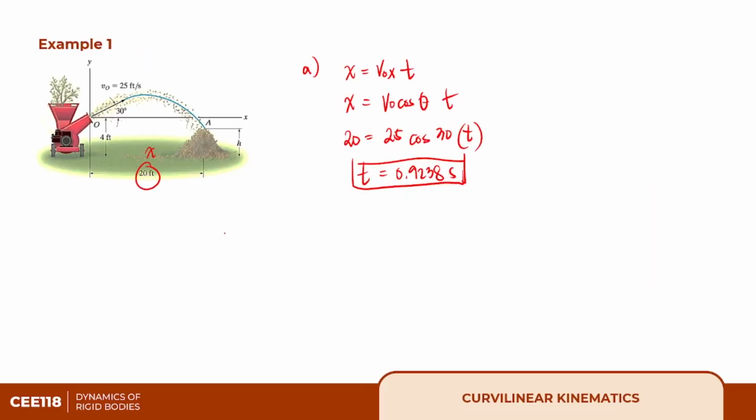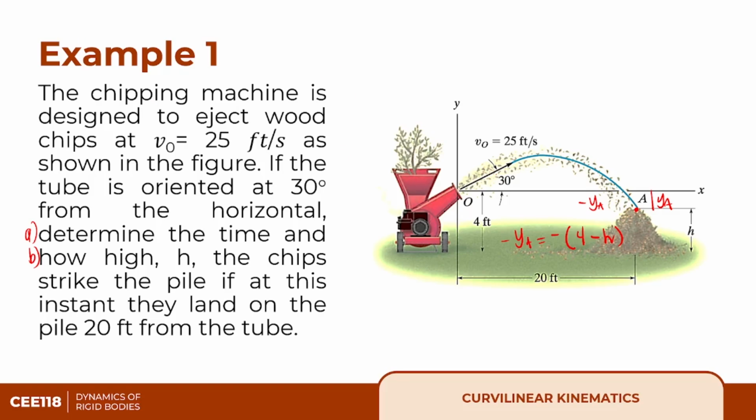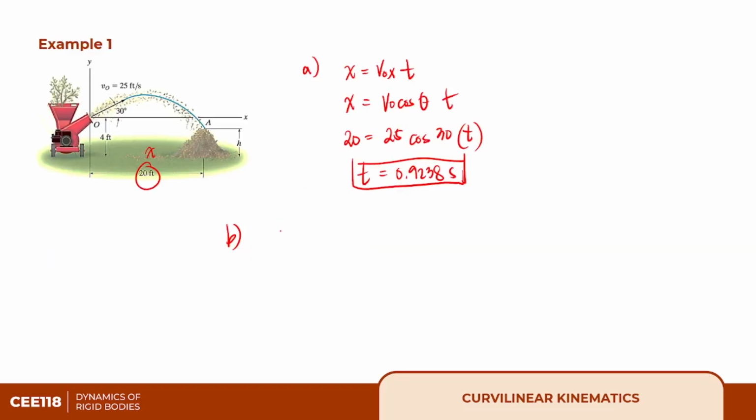For the value of H, we use negative YA equals, since we now have the time, the initial velocity at y times time minus 1/2 g t square. So negative YA, that is negative 4 minus H, is equal to VOY times t minus 1/2 g t square.